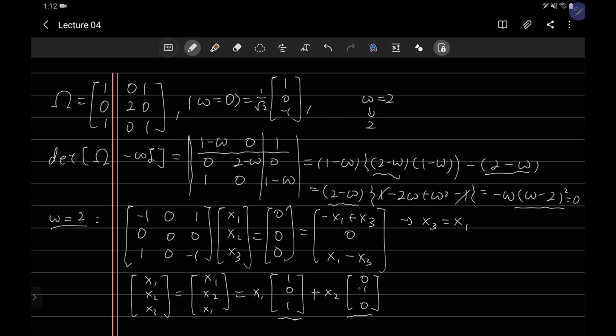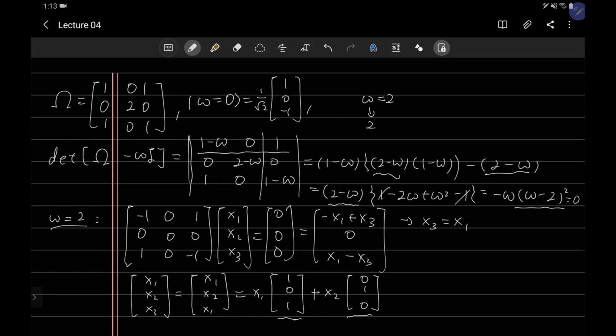You can immediately see that they are linearly independent, and also they are orthogonal to each other. Sometimes it is by accident that they turn out to be orthogonal to each other, but generally you just get linearly independent results.